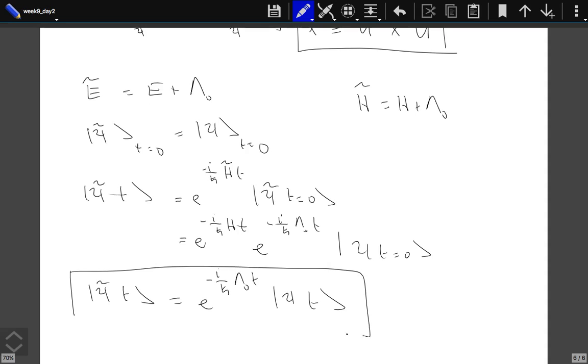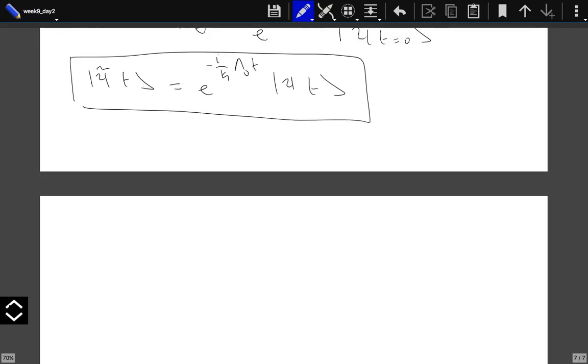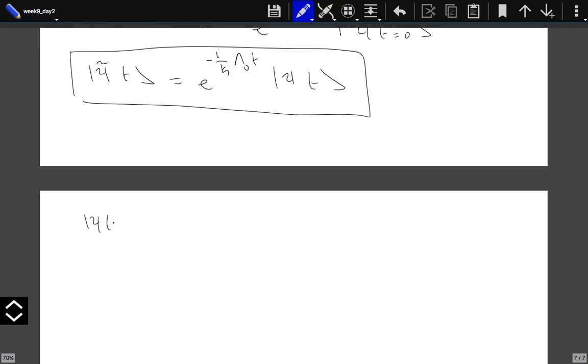Well, this is true, in fact, for any ket, not necessarily an energy eigenket. Now, if psi of t and psi tilde of t are energy eigenkets, psi of t is nothing but e to the power minus i over h bar E t, psi 0.